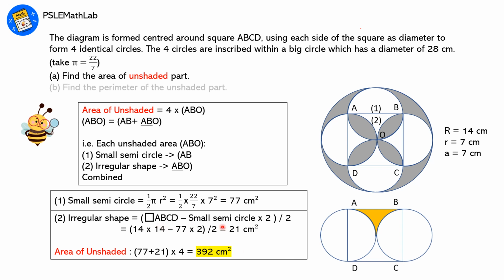We can calculate each of these pretty easily. Substituting 77 for the area of the small semicircles, we can calculate the area of the irregular shape, highlighted, to be 21 cm squared. And thus, we can easily calculate the area of the total unshaded area to be 77 plus 21, and then times 4.